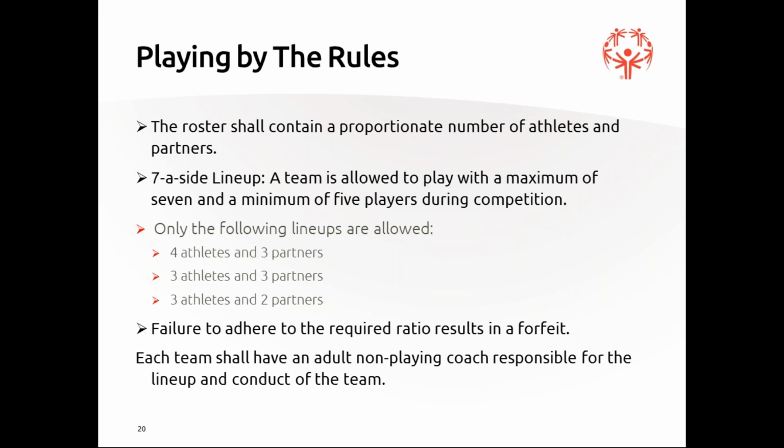And again, we can never have more partners on the field than athletes. So if you're going to play with a minimum of 5, that must be 3 athletes and 2 partners. So you can see an outline there. And again, failure to adhere to those ratios would result in a forfeit of that game. And also ensure that each team has a non-playing coach.